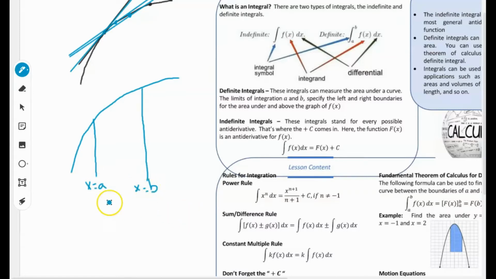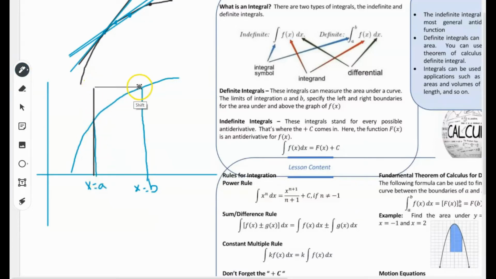Let's say here's the x-axis. So how would you do that? Well, here's what I want you to think of. What you would do is essentially find the area of a rectangle.